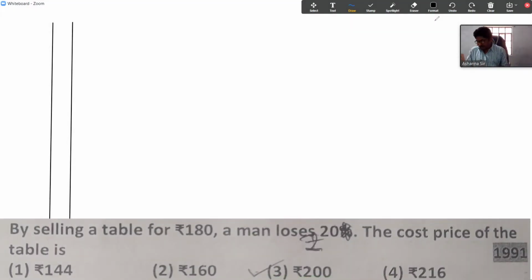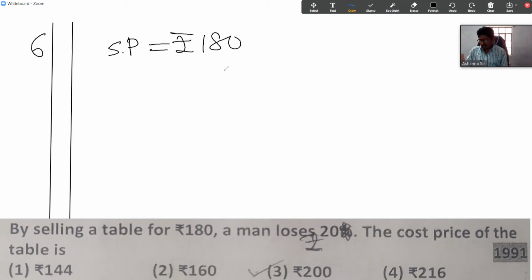Next, question number 6. By selling a table for 180 rupees, a man lost 20, not percent, children. Here you correct it: 20 rupees. The cost price of the table is... Selling price is 180 rupees.